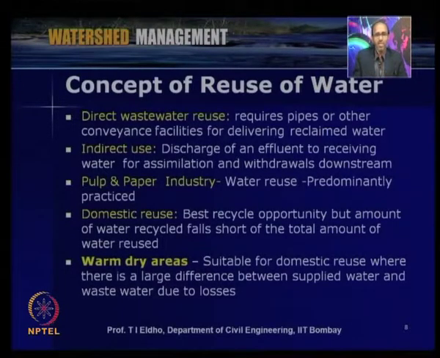Now, the second one is indirect use. Indirect use means we discharge the effluent to receiving water for assimilation and withdrawals downstream.